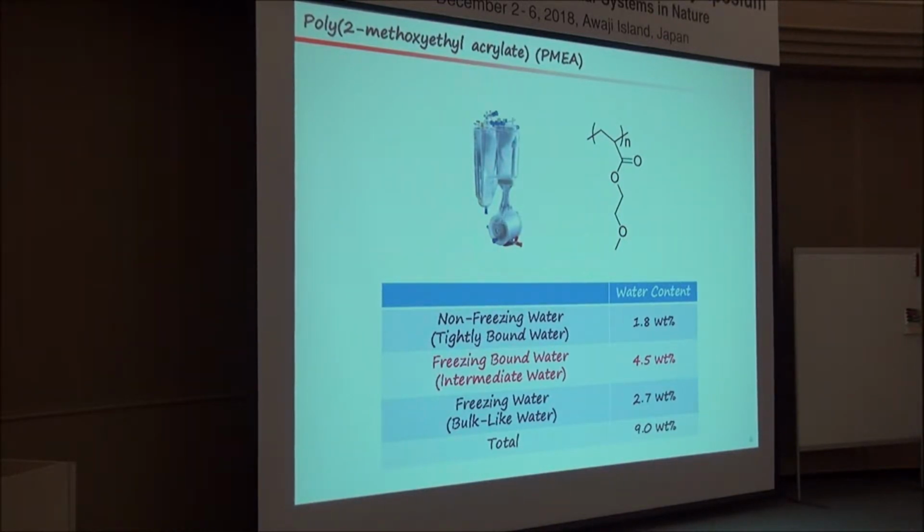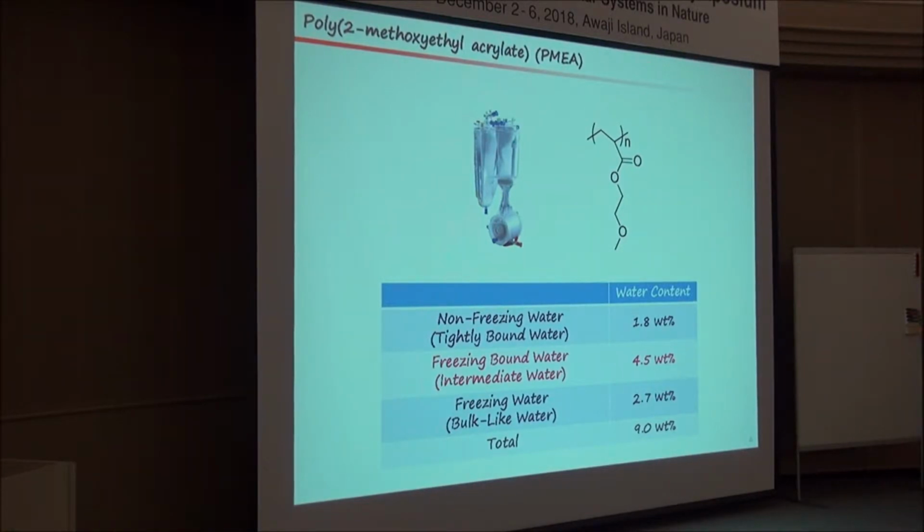He said this polymer contains three types of water. One is non-freezing water. This water has a strong interaction with the polymer chain because this water cannot crystallize around minus 100 degrees Celsius. Free water, or freezing water, has a bulk-like structure.